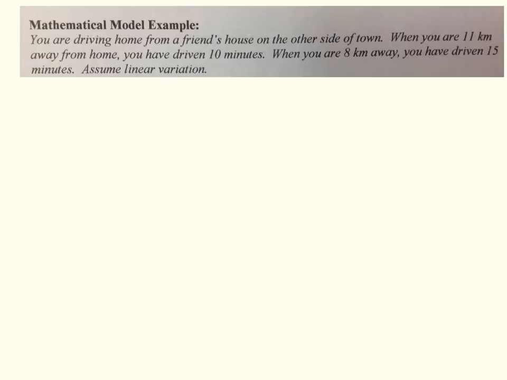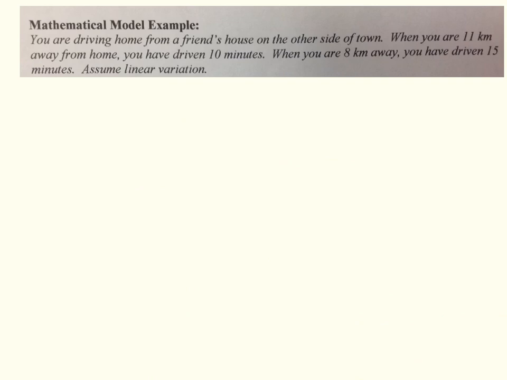This last problem is a mathematical model example. It's not necessarily a direct or inverse variation type of function. So this one says, you are driving home from a friend's house on the other side of town. When you are 11 kilometers away from home, you have driven 10 minutes. When you are 8 kilometers away, you have driven 15 minutes. Assume linear variation. So that means we're just dealing with y equals mx plus b, no squareds or anything like that.